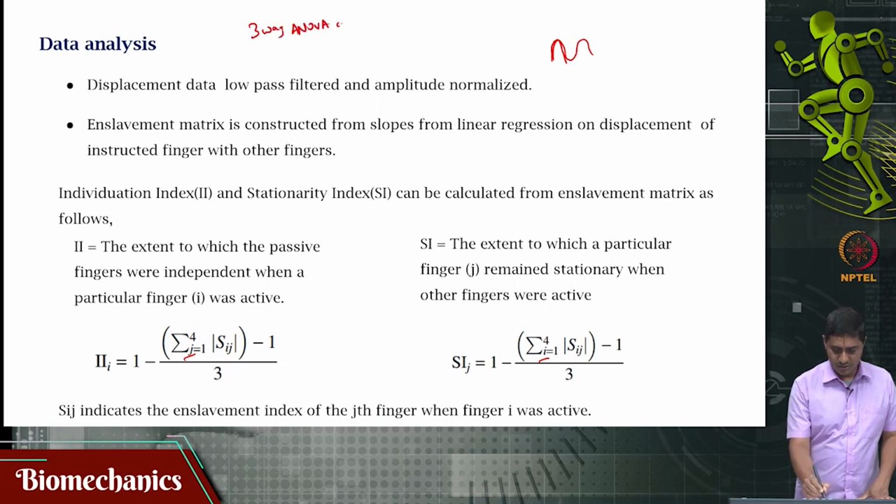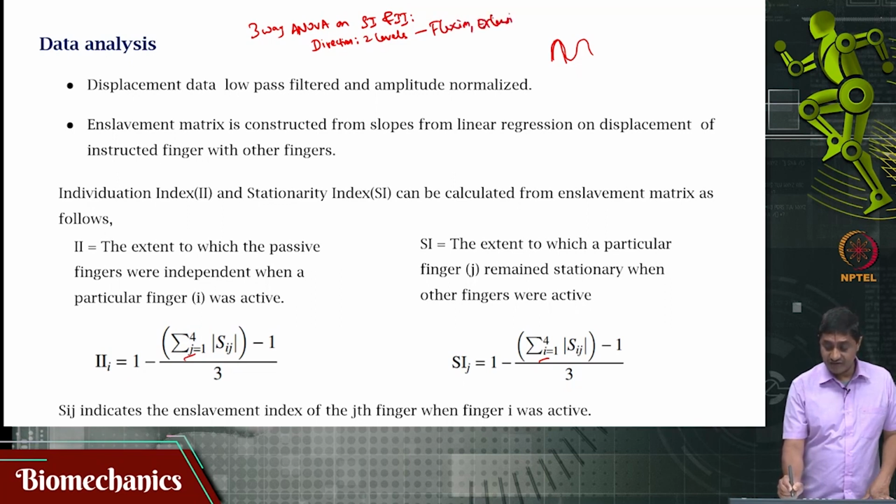So, a three-way ANOVA on SI and II. What are the three factors? Direction, with two levels: flexion and extension of the fingers. This is movement of the fingers.